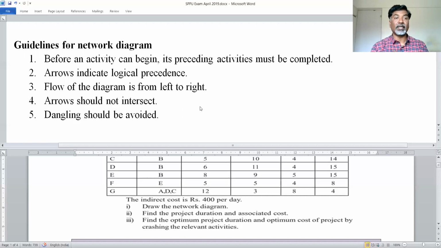And last, dangling should be avoided. This means that for a network diagram, there must be only one starting node and only one ending node. If any node doesn't have an end node, then that situation is called a dangling situation. In that case, you have to join that node with the end node. If you consider these guidelines, then it is very easy for you to draw a network diagram.